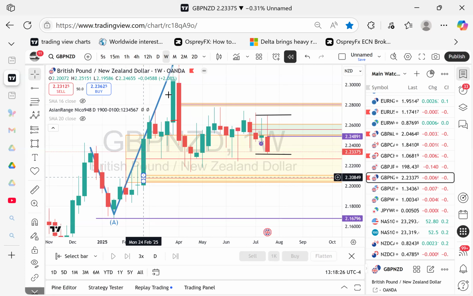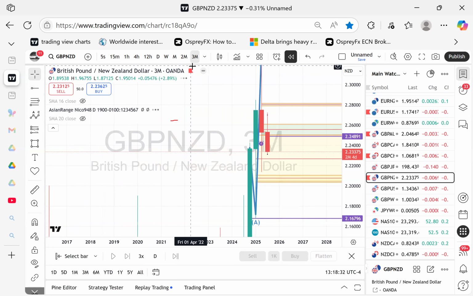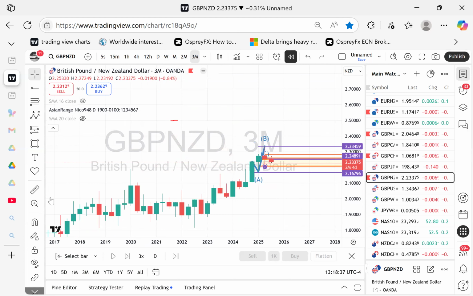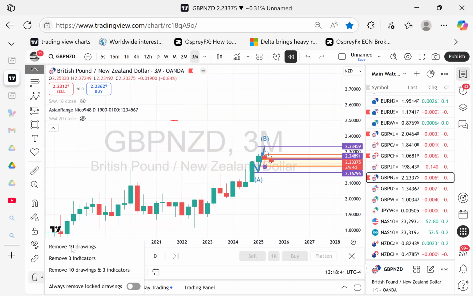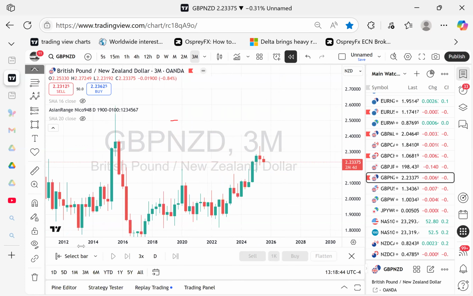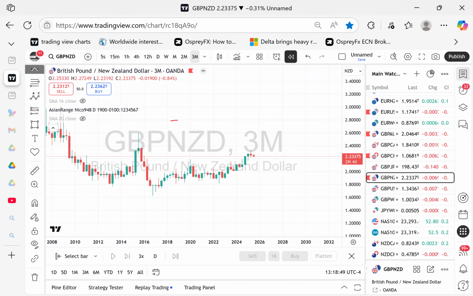So this is what I would tell you, Wisdom. If you look at these charts on these higher time frames, I'm going to delete everything off this chart. If you looked at this chart on this higher time frame, can anybody tell me what they think right here?